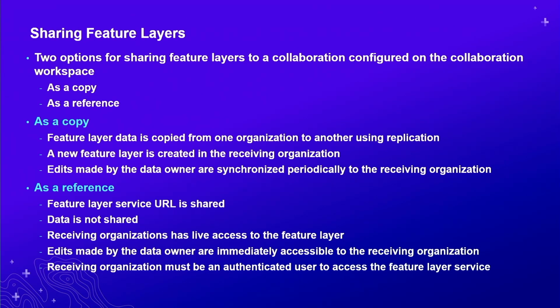So the receiving organization must be an authenticated user in the source organization in order to access the feature layer service. Or alternatively, the source service can be shared publicly, allowing access by anybody to that service.